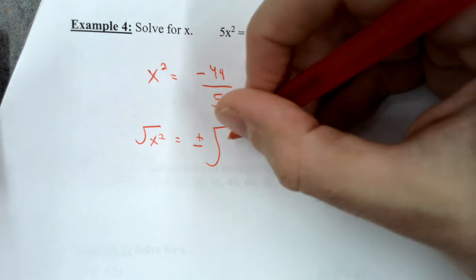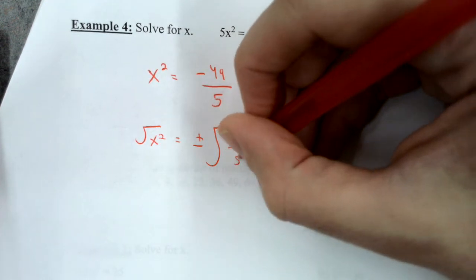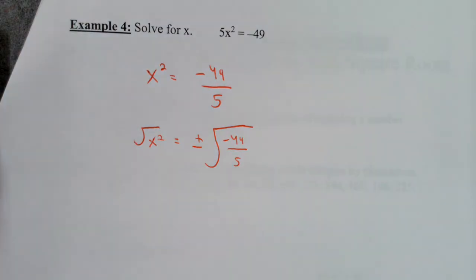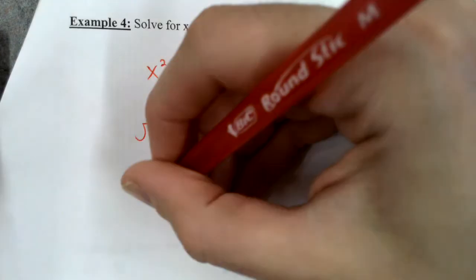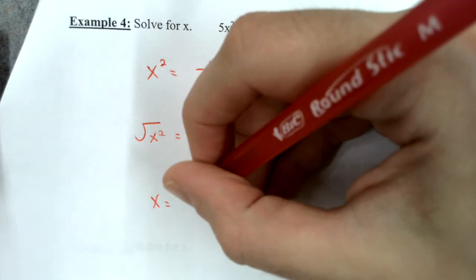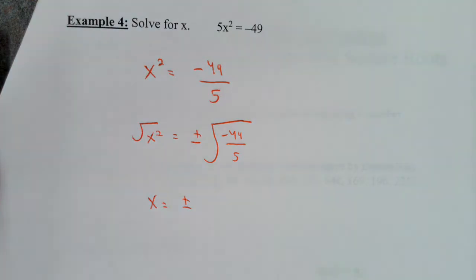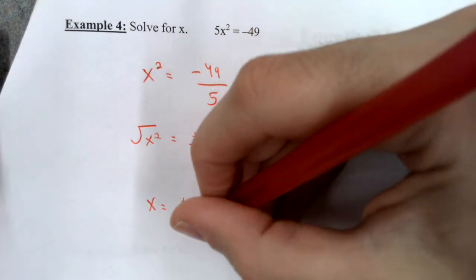Positive and negative square root on the right. Okay, so this becomes just x on the left. On the right, we have positive and negative square root of negative 49 over 5 still.